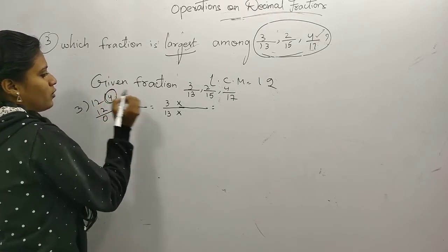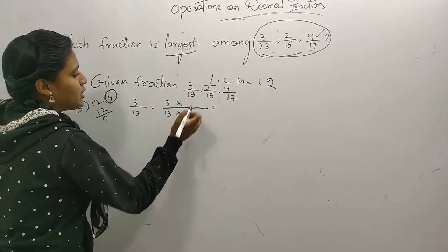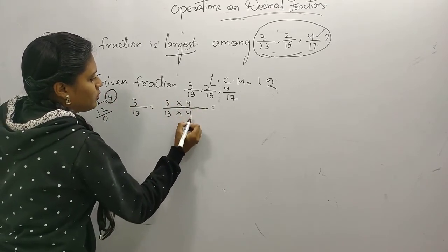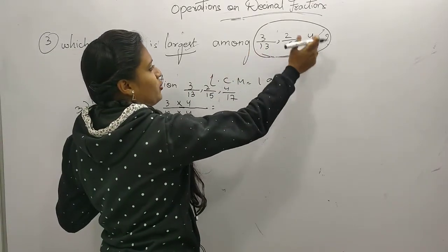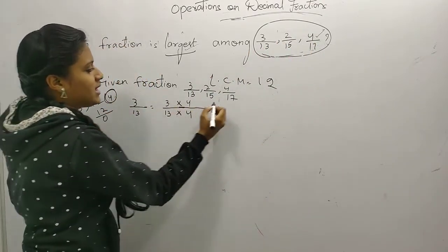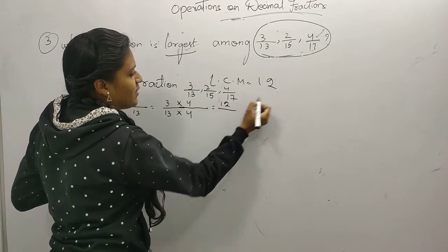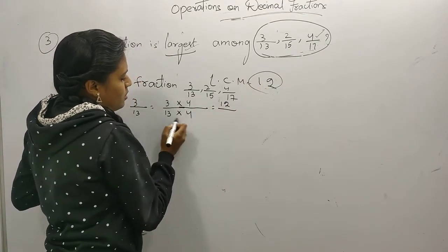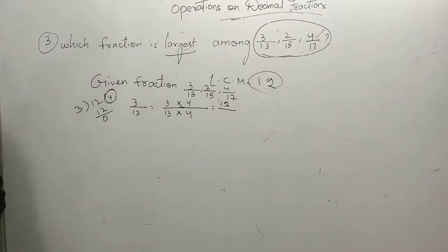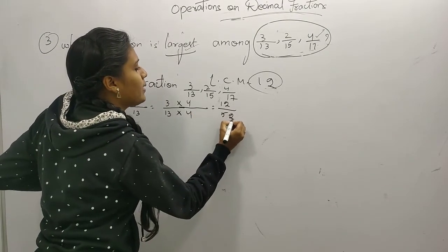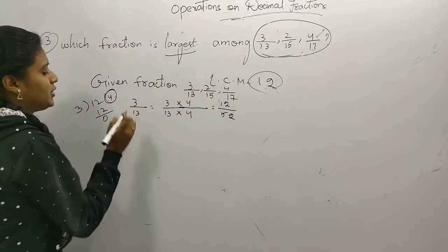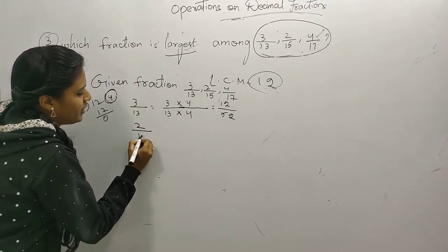What is the value? 4. 4 is multiplied with both the numerator and denominator. The numerator must be equal in every fraction. 4 3s are 12. See, the LCM value came here. 13 4s are how much? 52.